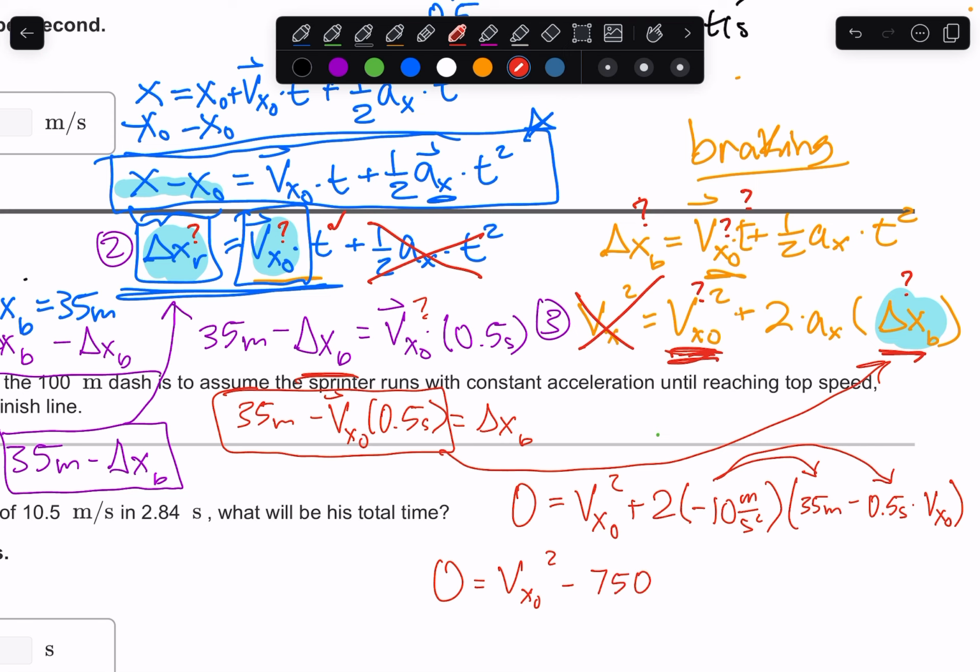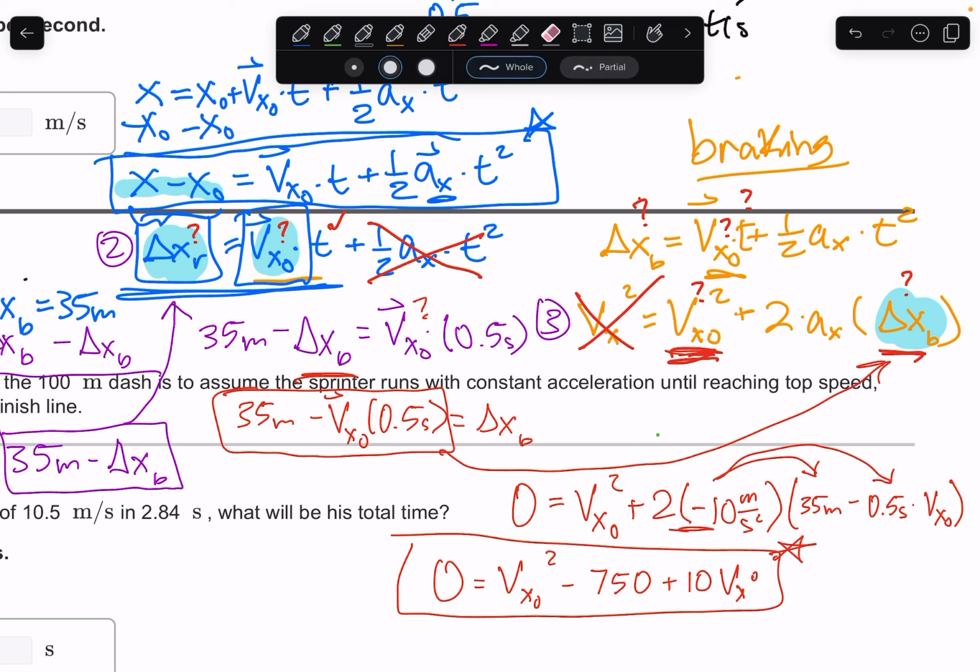And then negative 20 times negative 0.5 is going to be plus 10 Vx initial. And so now I've got this. Whoops, I wrote that initial way up high, didn't I? That is going to have to be solved using a quadratic.